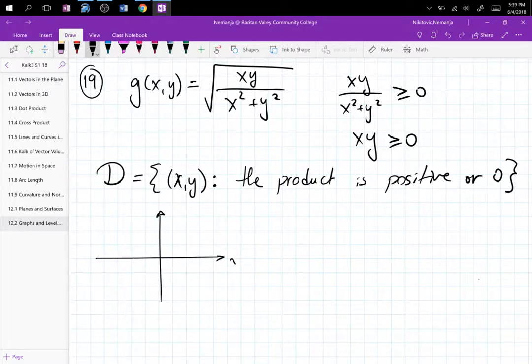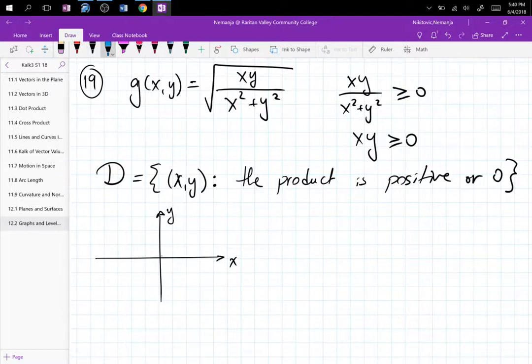Why did you ignore talking about x squared plus y squared? Shouldn't it be different from 0? It cannot be, if they're both 0. Oh yeah, we have to exclude the origin. Good. Yes.